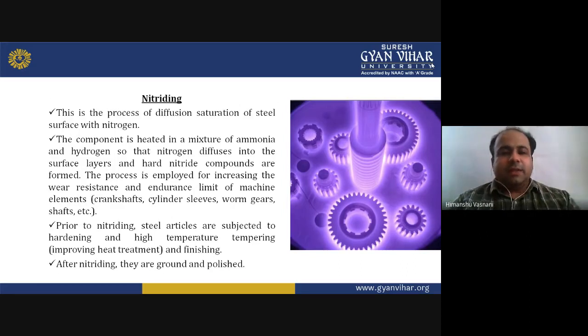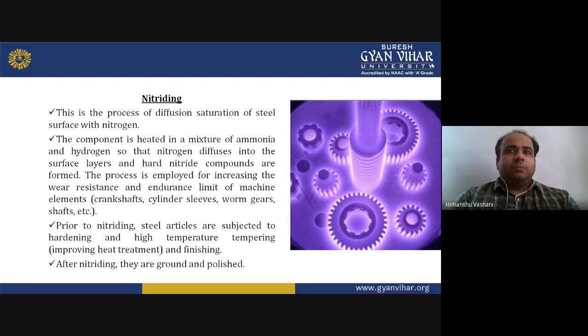So let's start with the nitriding process that we were discussing from the last lecture. So let's continue with that. This is the process of diffusion saturation of steel surface with nitrogen. So far we have studied various heat treatment processes like annealing, normalizing, tempering, hardening, and now nitriding.